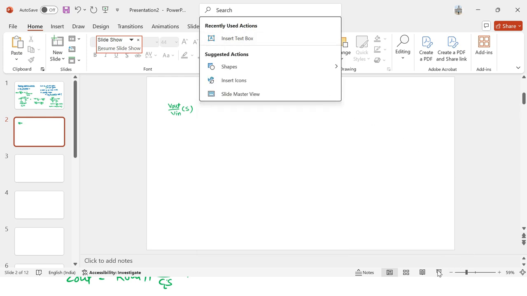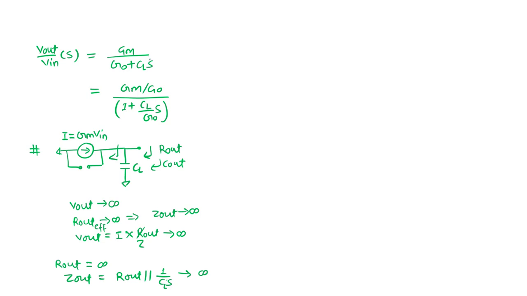There are two ways: whether I can write the complete Z out to be infinite. So what is the Z out from here? Z out is my R out in parallel, because R out is this impedance, and this is Z out. So Z out is nothing but R out parallel 1 upon CLS. As R out is infinite, it is effectively 1 upon CLS.